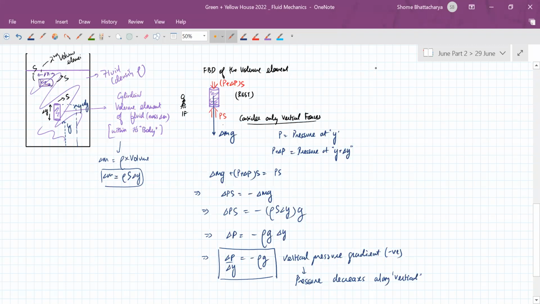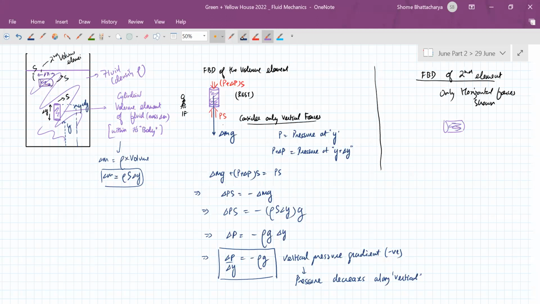If we consider this one, and this time we consider only horizontal forces are shown in it, because we have already accounted for the vertical forces situation earlier. Okay, so we've seen how vertical forces balance for any volume element. So now we want to see how the horizontal forces balance.